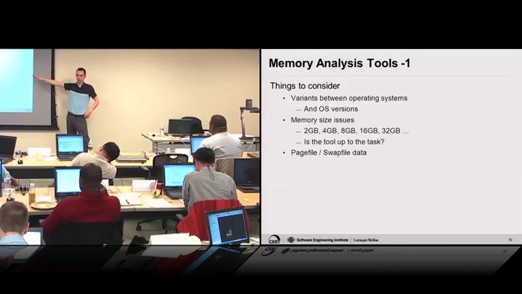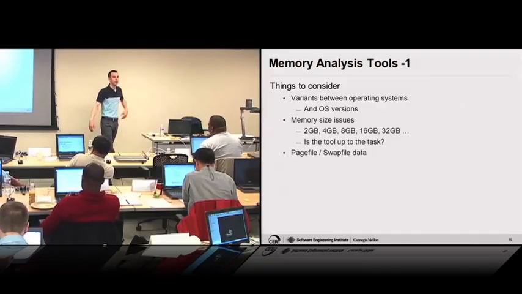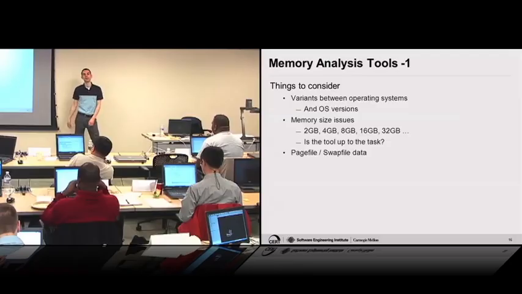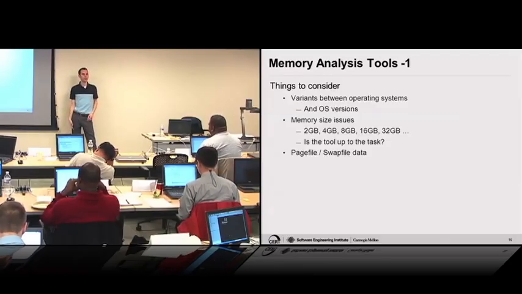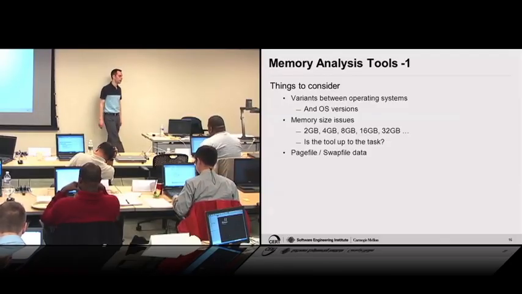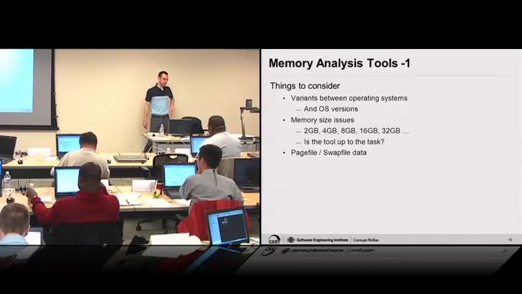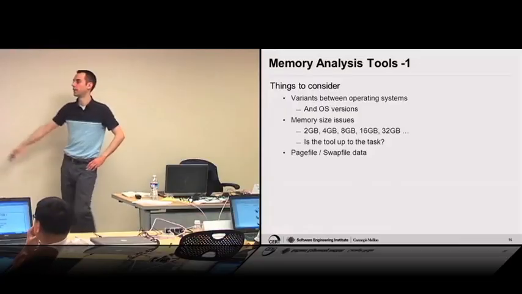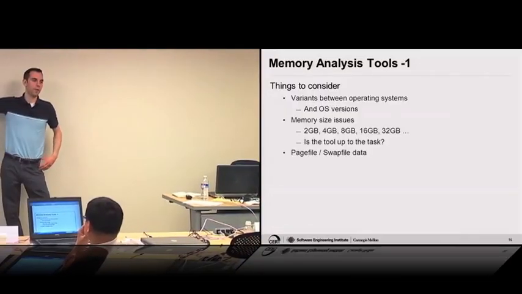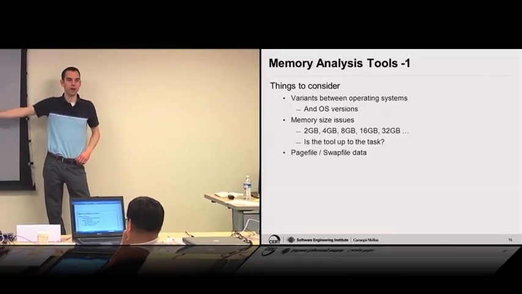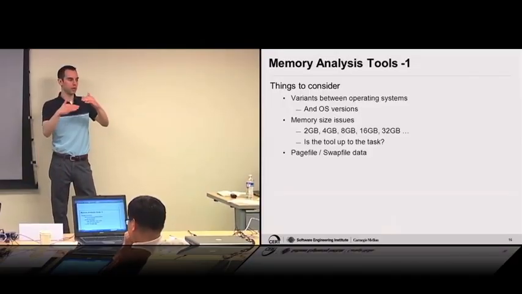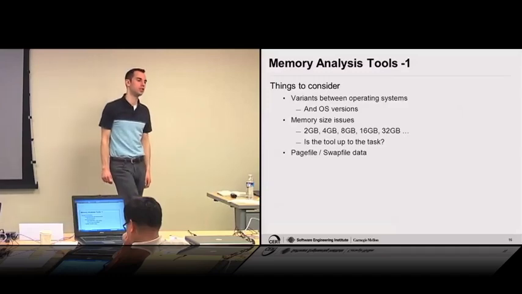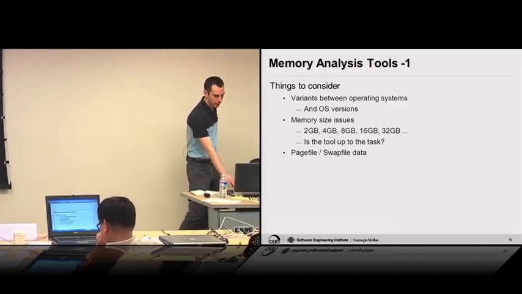Smaller items aren't so much of an issue, but as you get to bigger data sets, 32, 64, 128 gigabytes of RAM, those can cause some problems from an analysis perspective, or at least slow the analysis. And you also need to be aware of the fact that some data from memory may have been written out to the page file. There are mechanisms of doing a connection between the two, a little bit outside of the scope of this class, but just be aware of that.